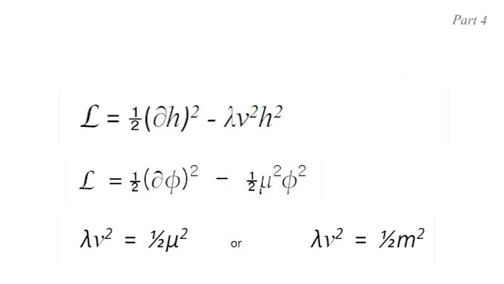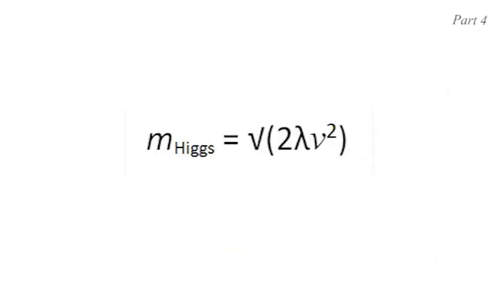And of course, rearranging that to get the mass of the Higgs boson, we can say once again that the mass of this radial excitation particle in the valley will be given by m Higgs equals the square root of 2 lambda v squared.